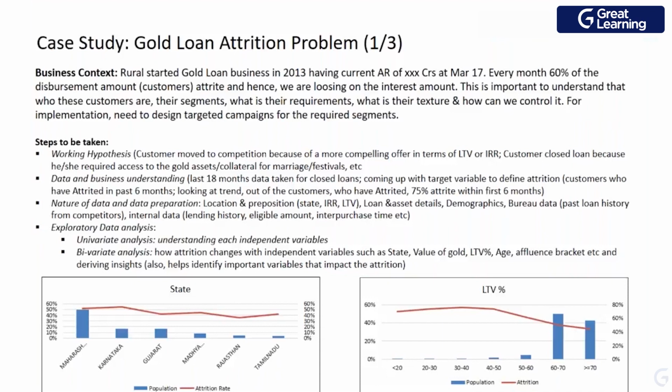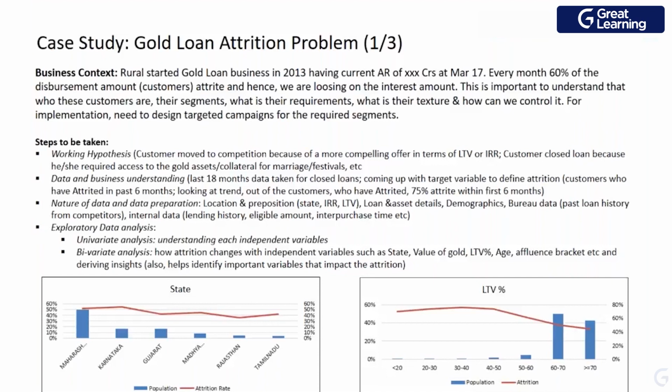Then the next step is that you understand the nature of the data, you do the data pulling, you prepare the data. It's quite a long exercise in itself. So you will see what are some of the variables which you have access to and which will be important in predicting the attrition.